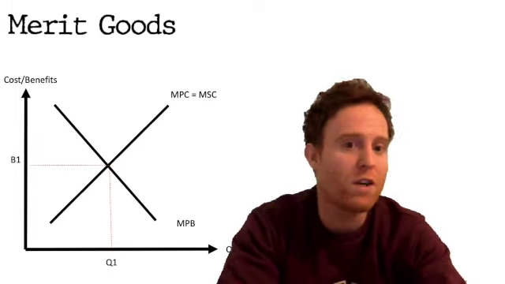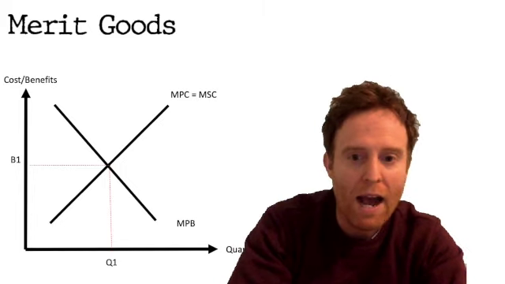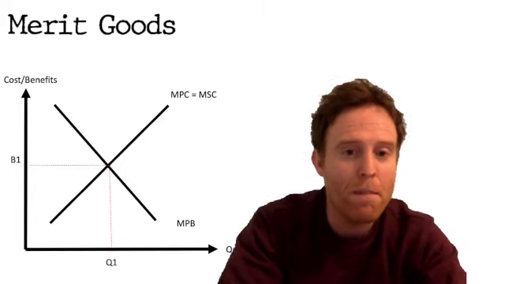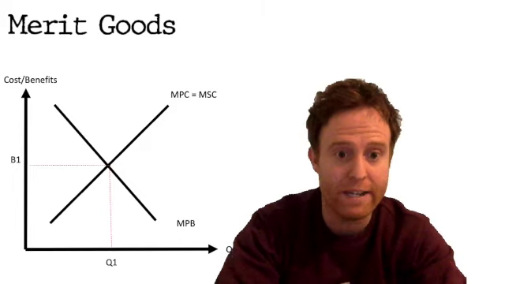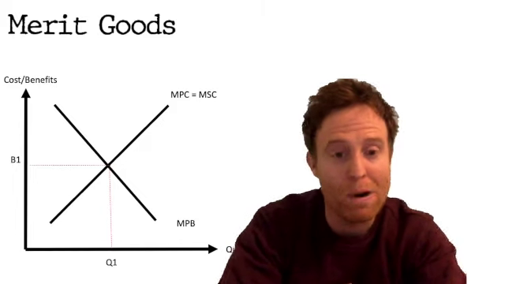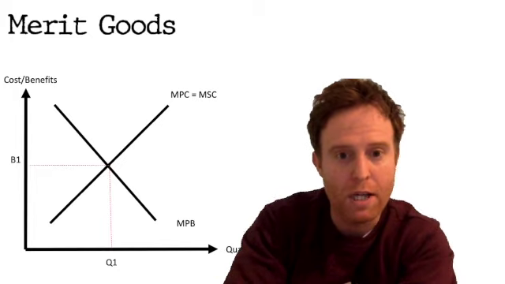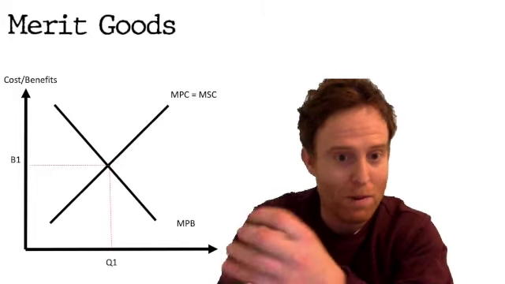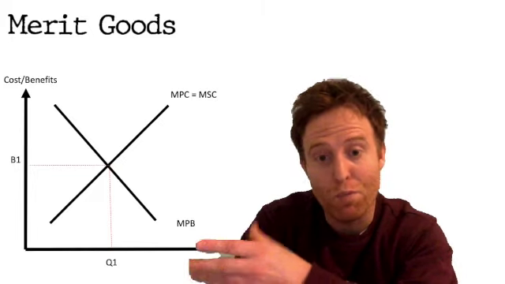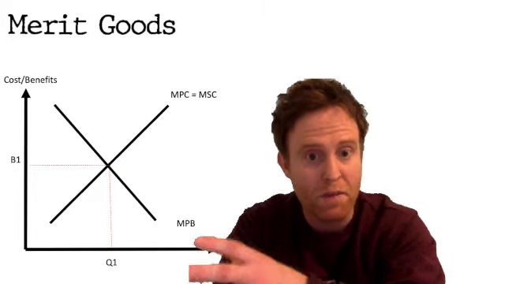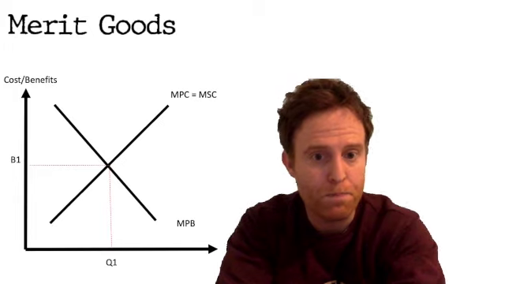For example, if somebody was buying healthcare, maybe purchasing a vaccination at a private hospital, then there'll be a benefit of the revenue that they receive from selling that vaccination to the patient.